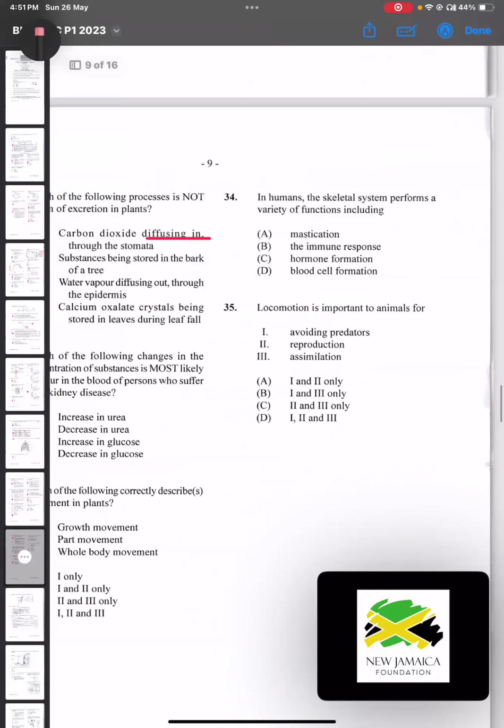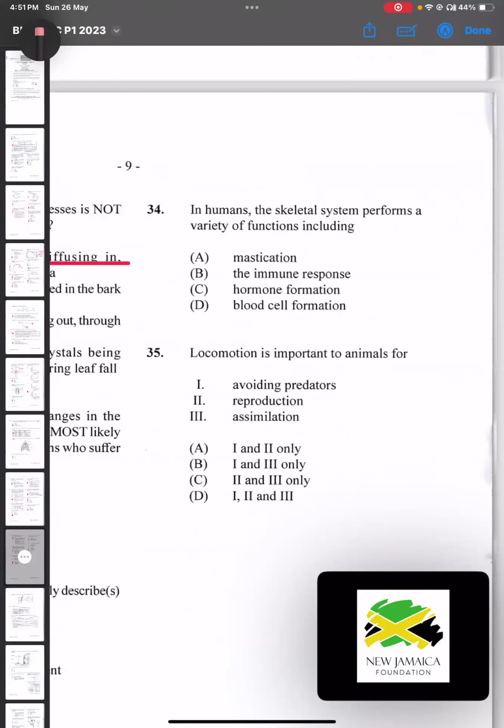For number 34, what's our answer for 34? All right, so our answer is D, blood cell formation.